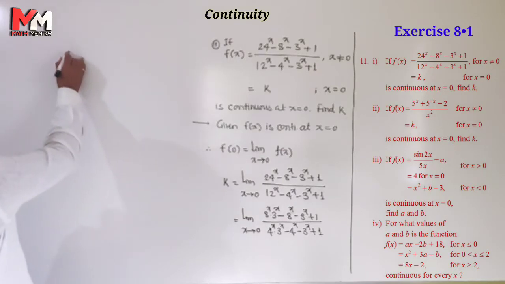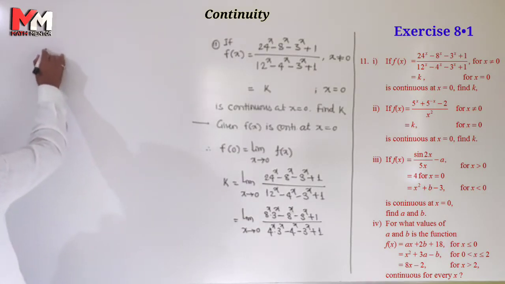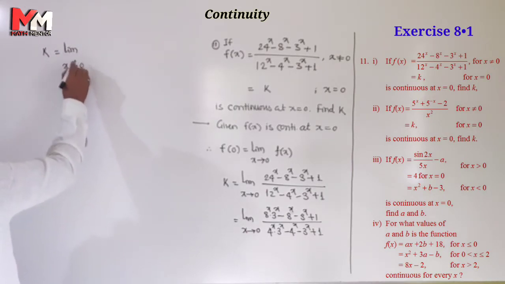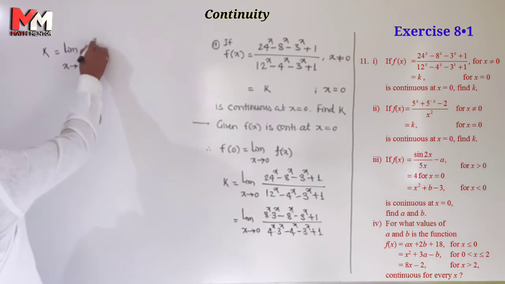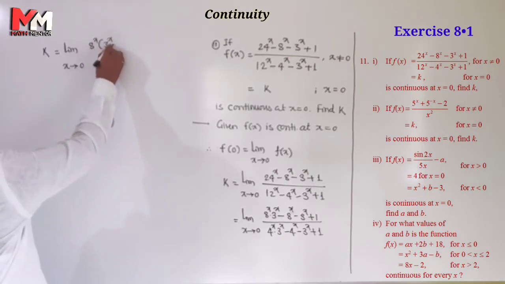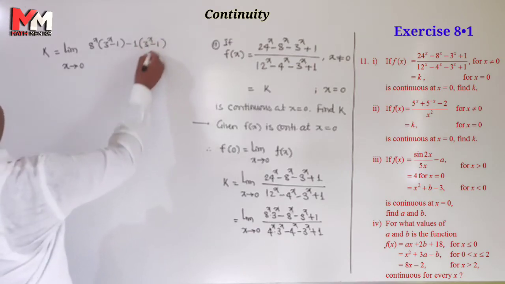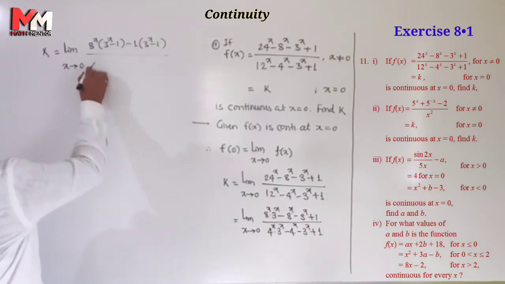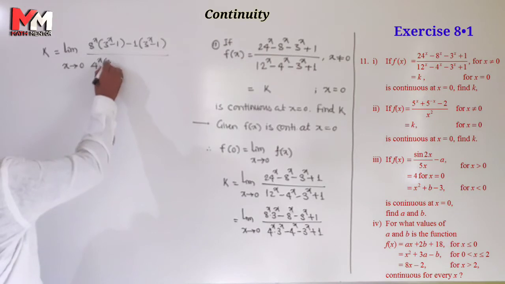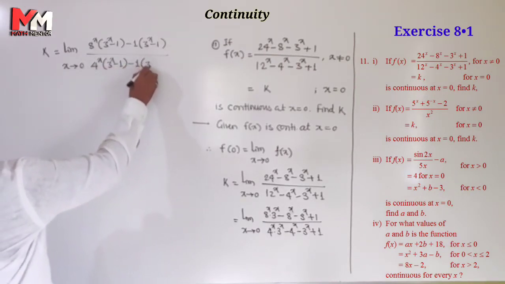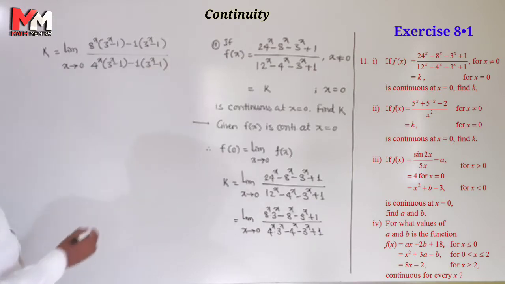This is equal to the value on the left hand side, k. So k is equal to limit x tends to 0 of 8 raised to x in bracket 3 raised to x minus 1, taking minus 1 common, 3 raised to x minus 1, divided by 4 raised to x, common 3 raised to x minus 1, minus 1 common 3 raised to x minus 1.